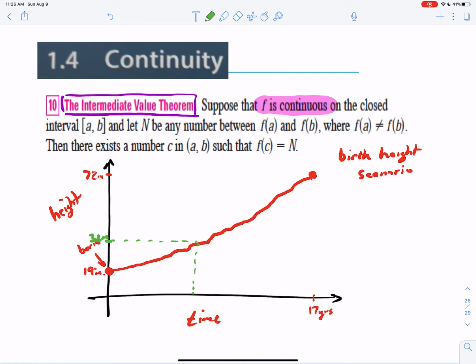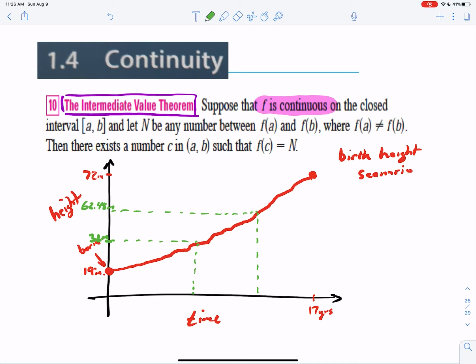Okay? Here's the next question. True or false, at some point in her life, she was 62.48 inches tall. Okay? Now, although that's very specific, it had to have been true because in order to go to 72 inches, you have to pass through 62.48 inches.